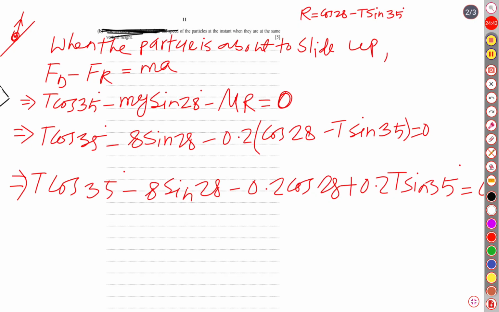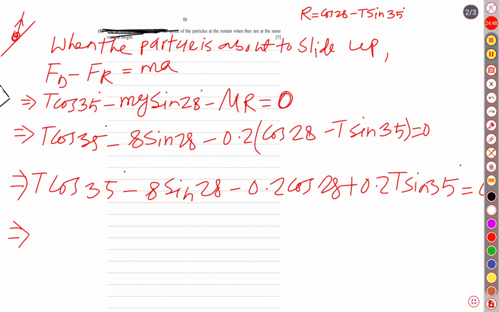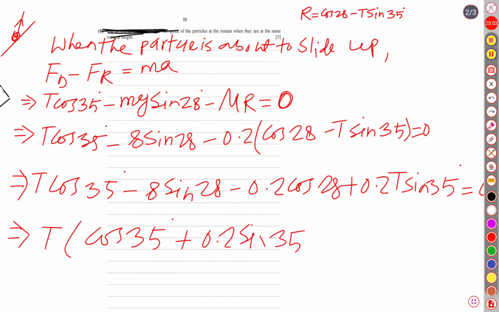If we isolate T as the subject, T times cos 35 degree plus 0.2 sin 35 degree is equal to, on the right side, 8 sin 28 degree plus 0.2 cos 28 degree.